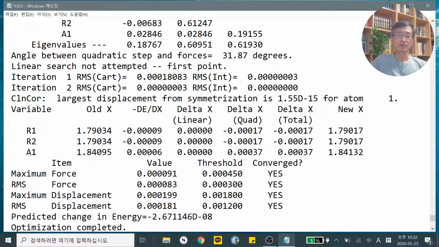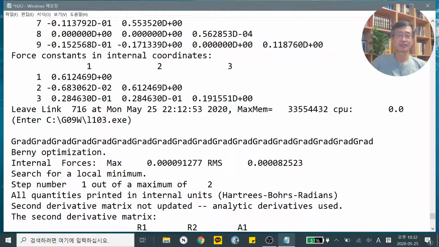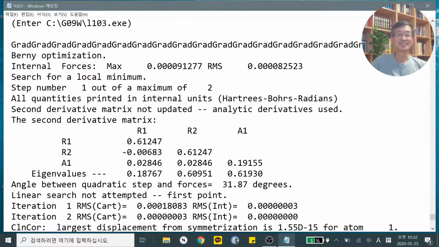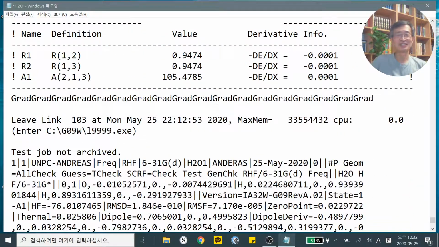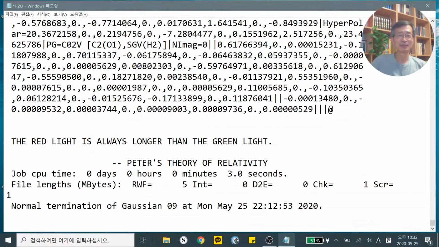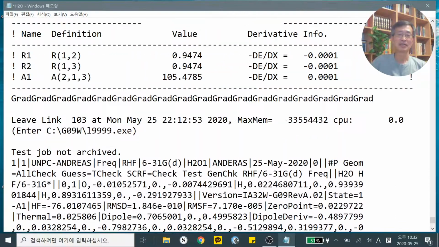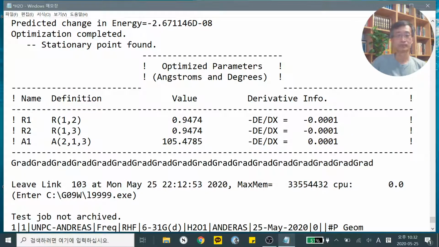And usually beginners are anxious to look only at the normal termination, and then they are pretty much happy about it. But I recommend my students read the output file as thoroughly as possible and learn from it about his or her molecule, and understand all aspects of the calculation done.